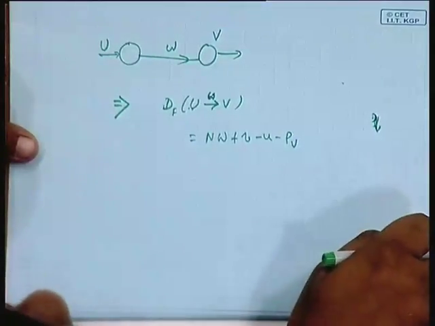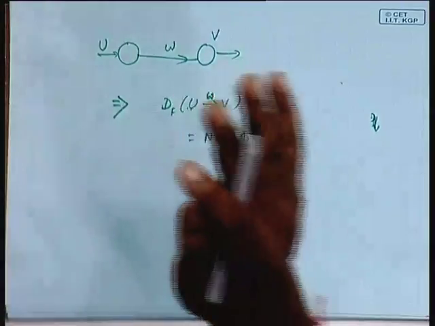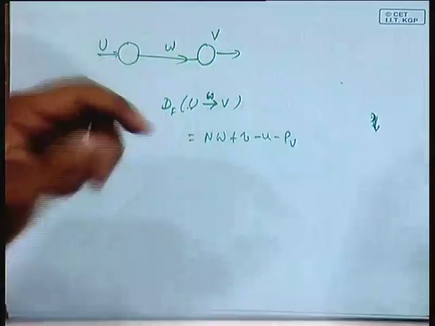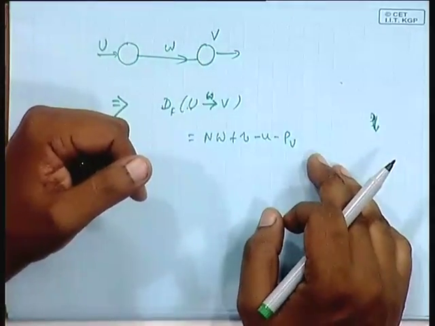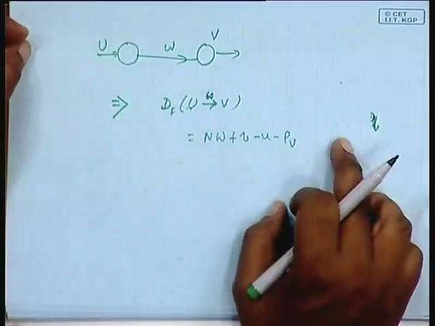You worked this out on the previous page: we first took N full cycles, so N into W, subtracted out U, added V, and then further subtracted those pipeline delays that are already there. This will be the folded delay.